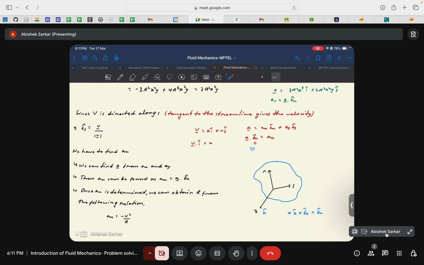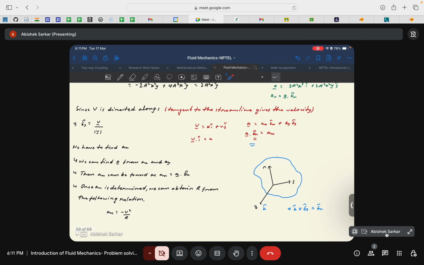Once you get epsilon n cap, you can easily find an, because a dot epsilon n cap gives you the acceleration along the normal direction.